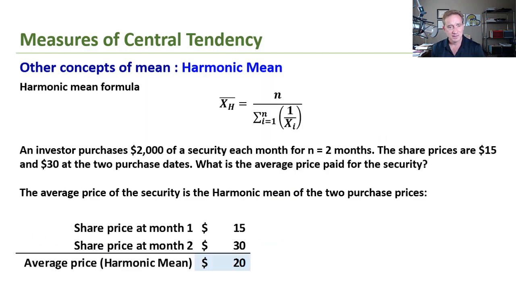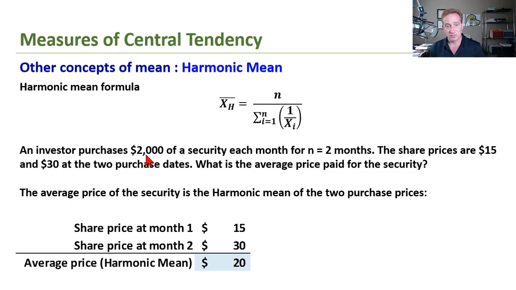And in fact, that's the way it looks. So the harmonic mean, this to me is much easier to follow than the language that we just saw. The harmonic mean formula is number of observations n divided by the sum of the reciprocals. Actually pretty straightforward.